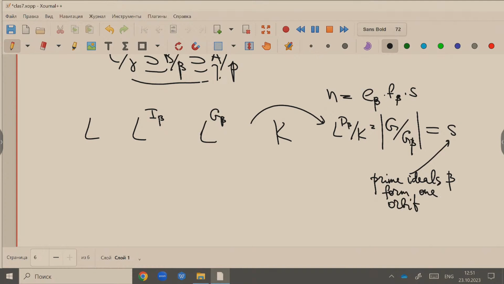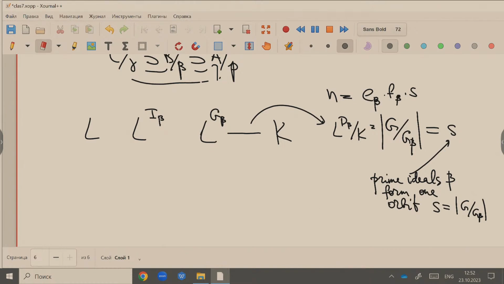So this number S is just the number of elements in this orbit, and so one notices that this number of elements is precisely this extension. So one can guess that if you want to write down S, you have to write down the degree of this extension in terms of the corresponding letters for this extension.